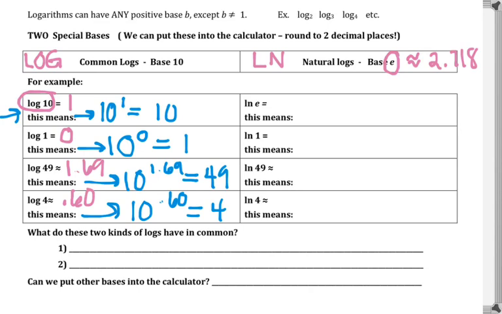Okay, for the next column, what do you guys get the natural log of E is equal to? 1. How do you plug it in? So you press the LN button, which is right here, and then you type in E, which is second divide. Close parentheses, enter. What's the natural log of 1? 0.